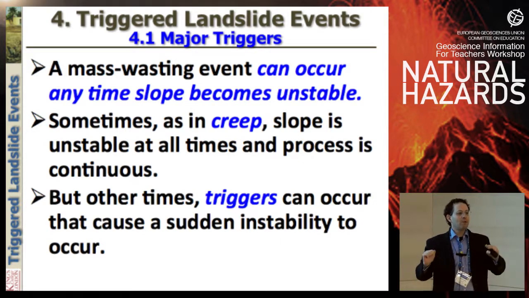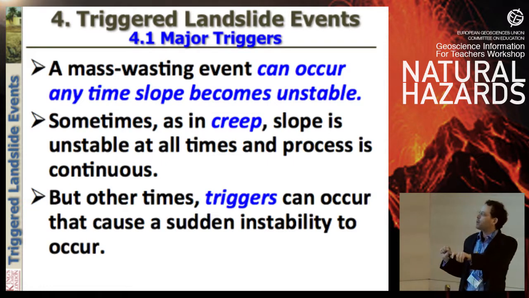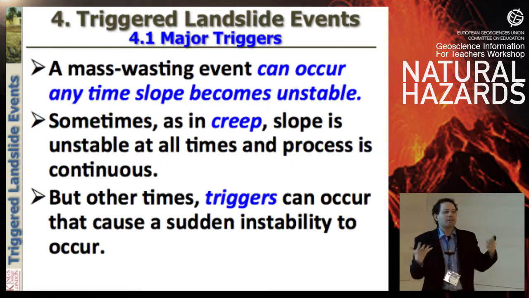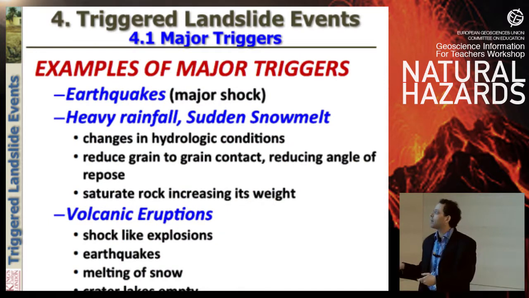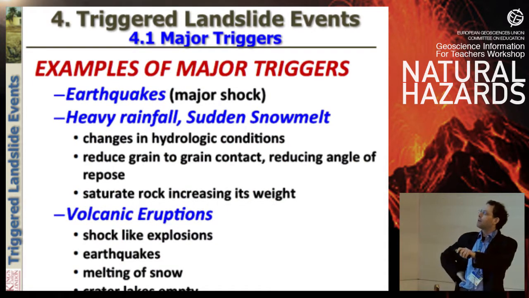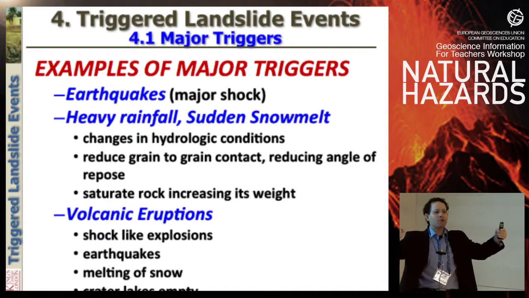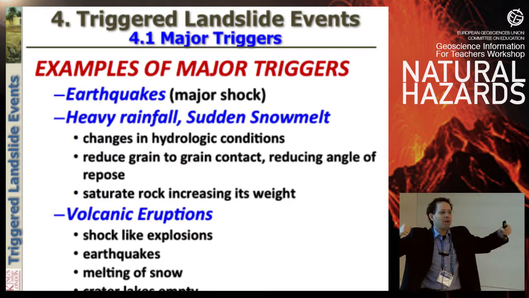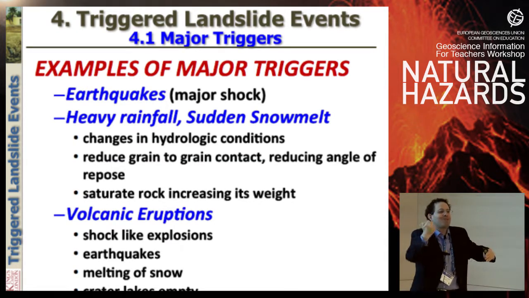It's always moving, a little bit at a time, but it's always there. Other times, triggers can occur that cause a sudden instability. So the major examples of triggers are earthquakes, major shocks where we shake everything. And in the process of shaking everything, it basically decreases some of the cohesion between the particles.